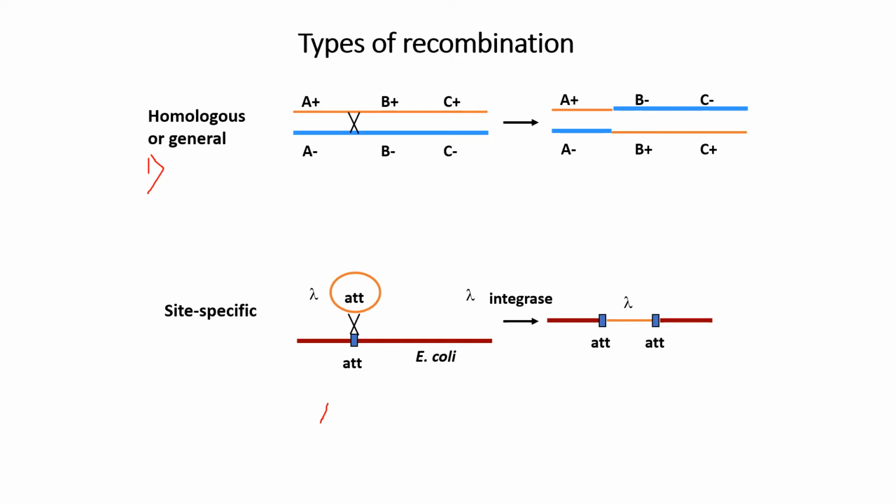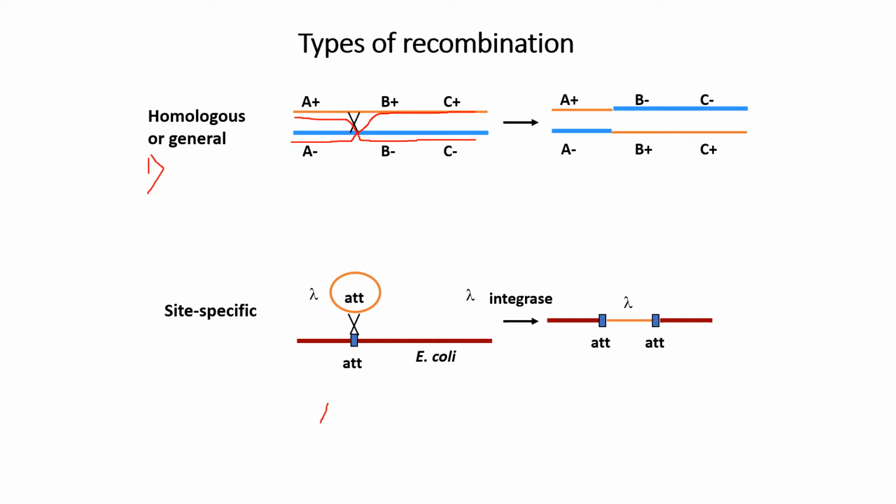A plus is followed by B minus and C minus. That is what I have written over here: A plus, B minus and C minus. Whereas the other strand would have the genotype A minus followed by B plus and C plus. Yes, A minus, B plus and C plus. This is known as general recombination or homologous recombination.